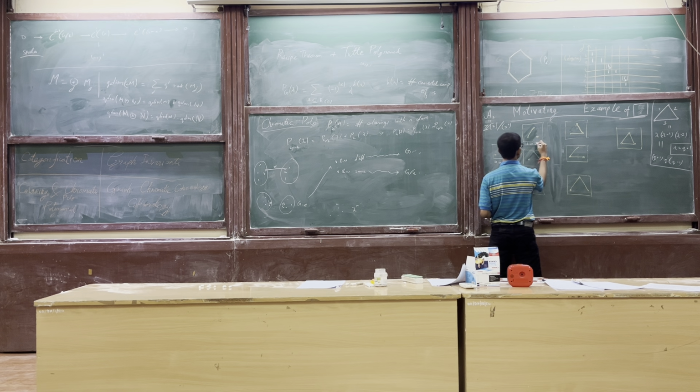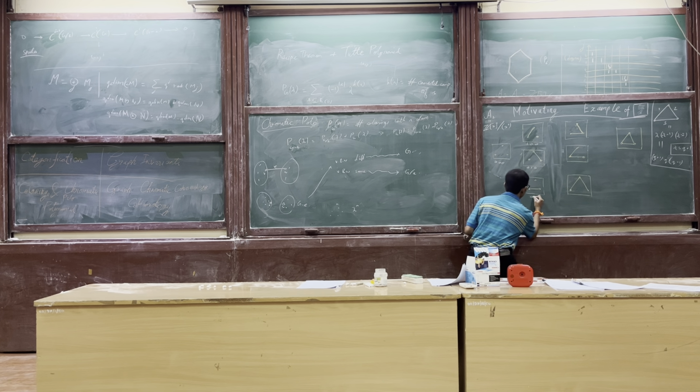Just write it down: 1 0 0, 0 1 0, 0 0 1, 1 1 0, 0 1 1, and this is 1 1 1. Each of the components you assign some M, where M is a copy of this algebra.